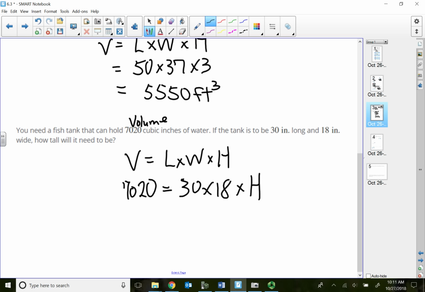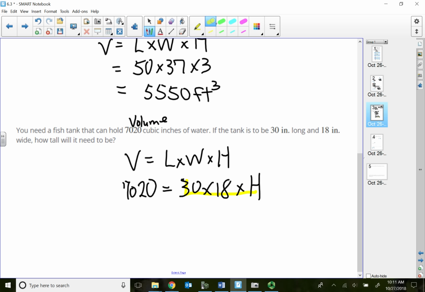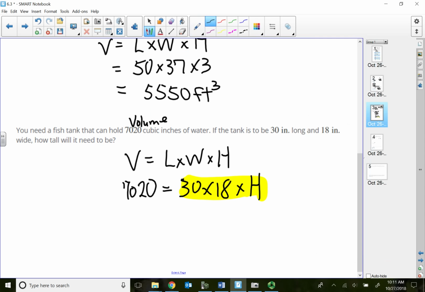Now the only variable missing is h, so I can solve for h real quick by writing out my formula. This whole right-hand side is only one term. So let's see, 30 times 18 times h is 540h.